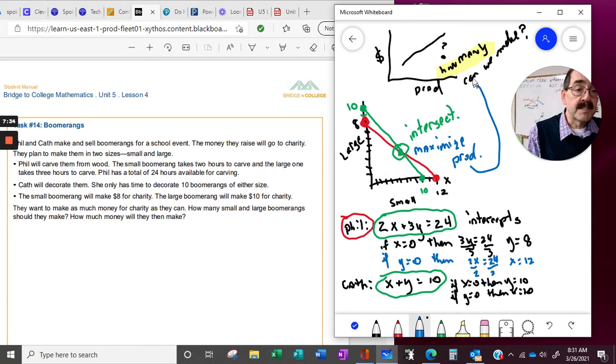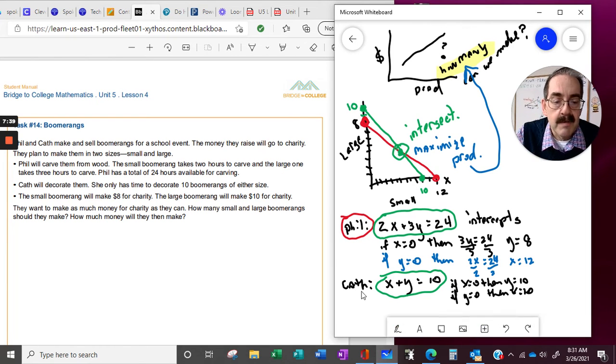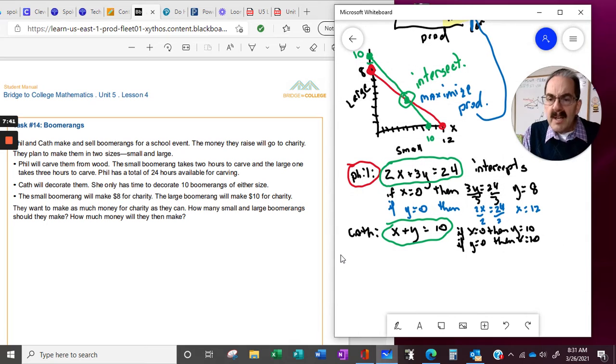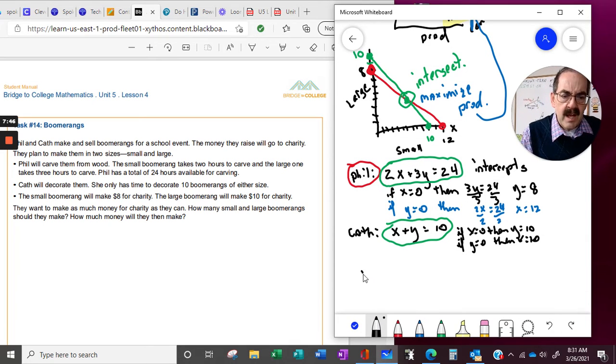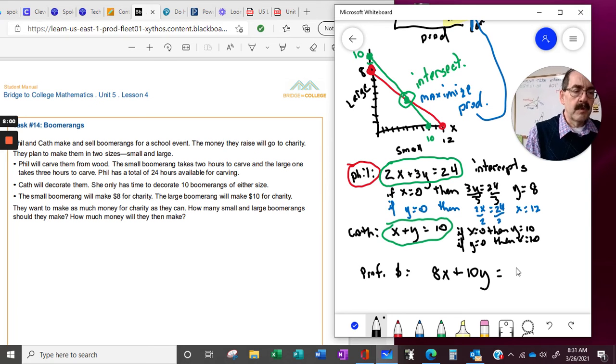This maximizes how many. Then it's up to you if you have time. We keep going on, because the profit, or the money for the charity, would be 8 of the x's plus 10 of the y's to equal the money that we create. Cool? So here's an example, and you could go on and on.